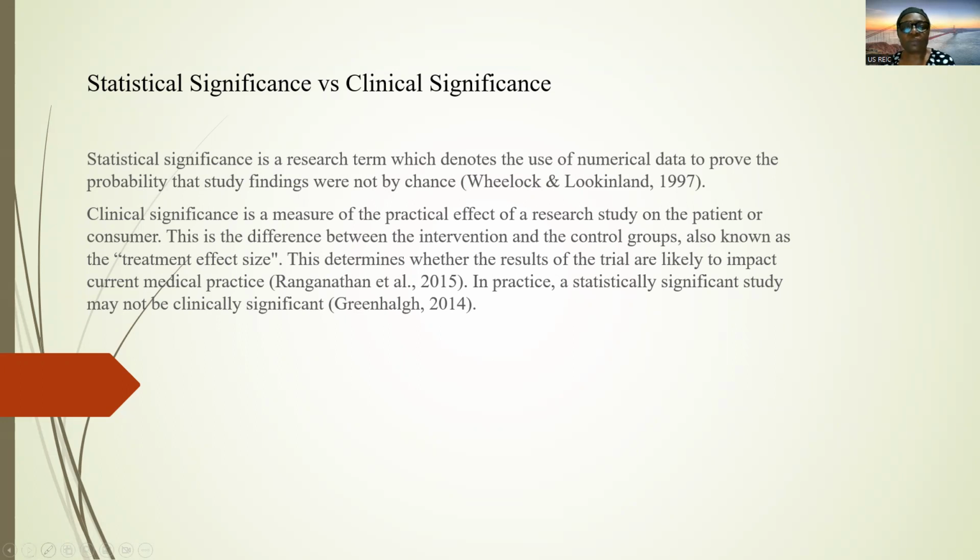This is the difference between the intervention and the control groups, also known as the treatment effect size. This determines whether the results of the trial are likely to impact current medical practice. In practice, though, a statistically significant study may not be clinically significant.